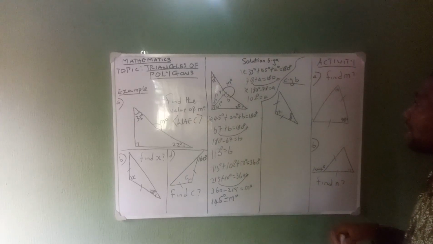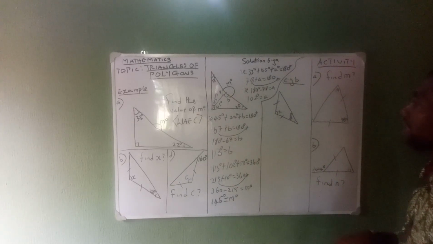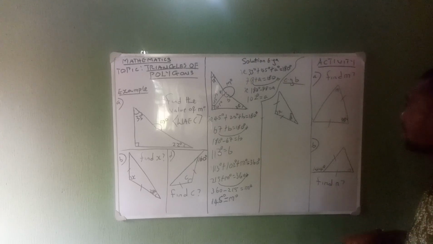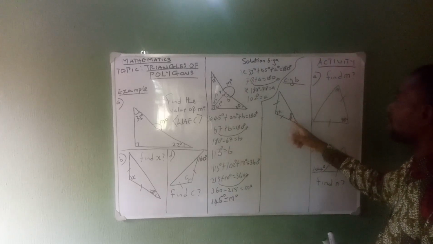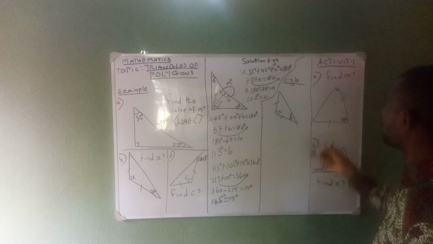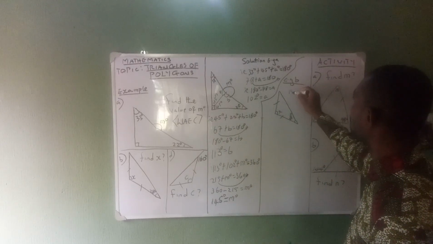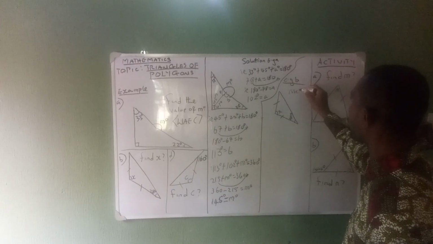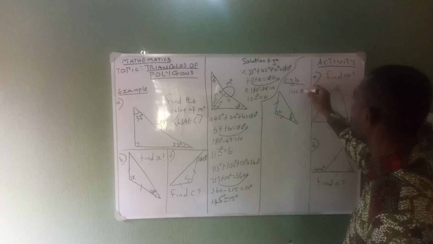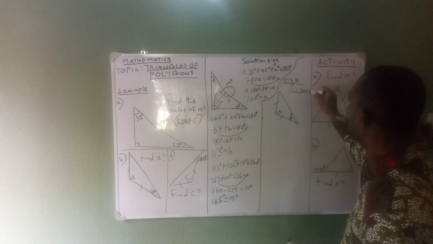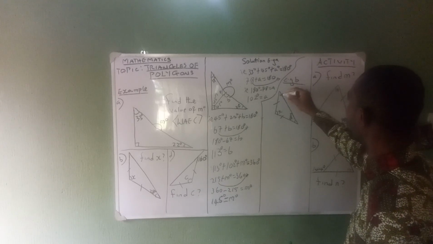To find this angle, now we must understand that if here is 28 degrees in an isosceles triangle, that the opposite angles are equal.